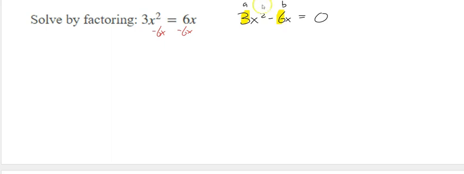But we also have an x squared and an x. So before you even start your factoring process, factor those out. I can literally divide all that out. 3x divided by 3x is going to give me a 1 there, or just leave me with an x. So I can factor that outside the equation.